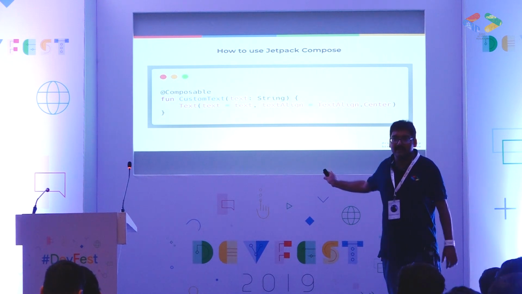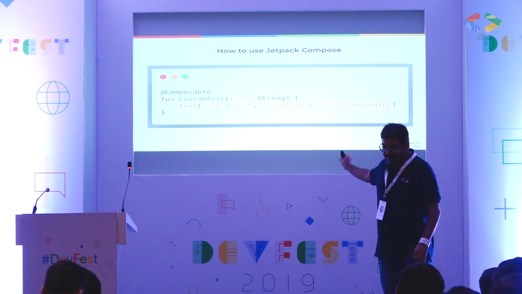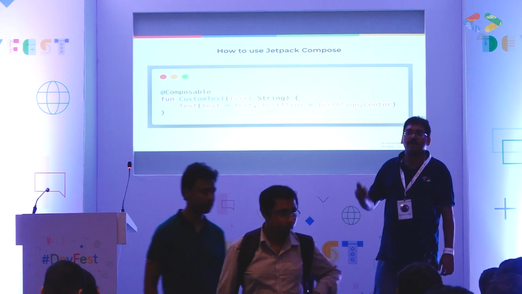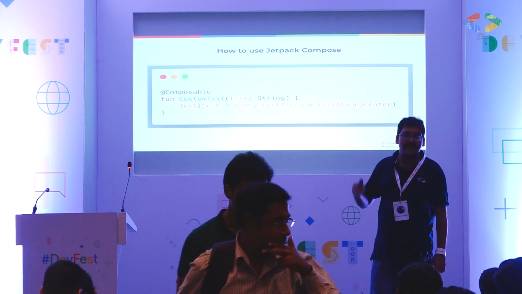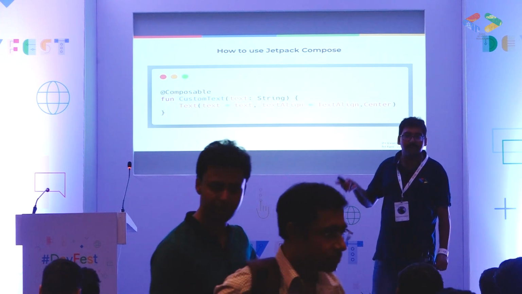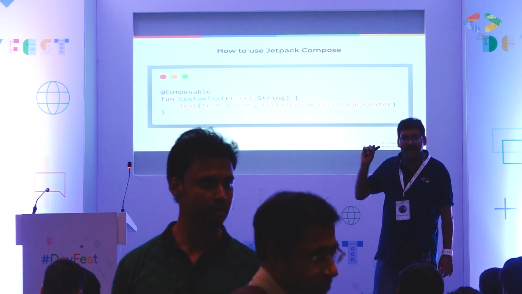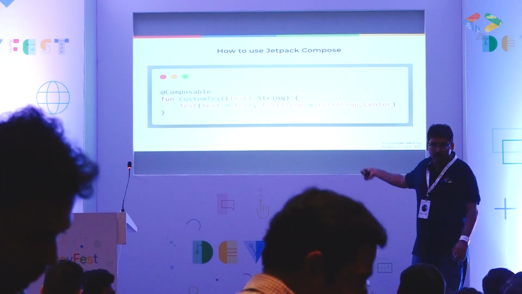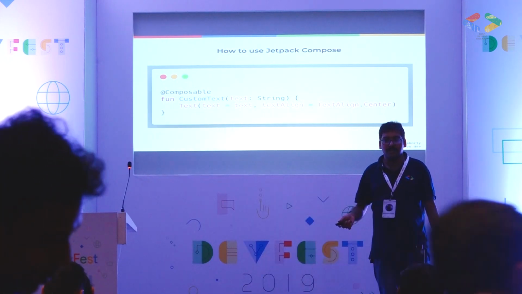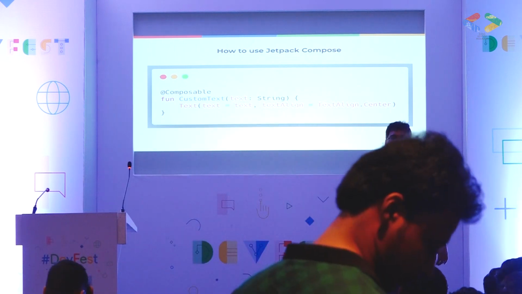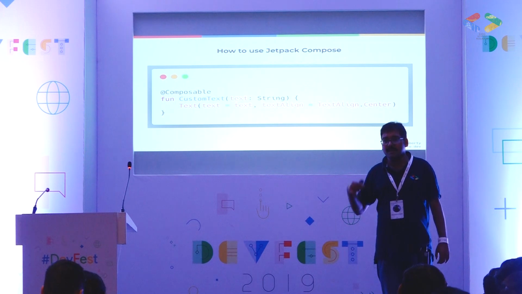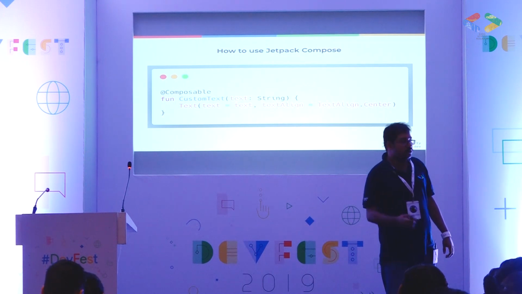You can do anything on that text view you want in this function, but to do that in the present way, it's a lot more complex. You have to extend the text view, then you have to use the text view everywhere in XML layouts and everywhere, and most often you miss out. So with Jetpack Compose, you are just creating a function, and it's easier to replace a function call than to replace a class invocation, especially in the XML layouts.